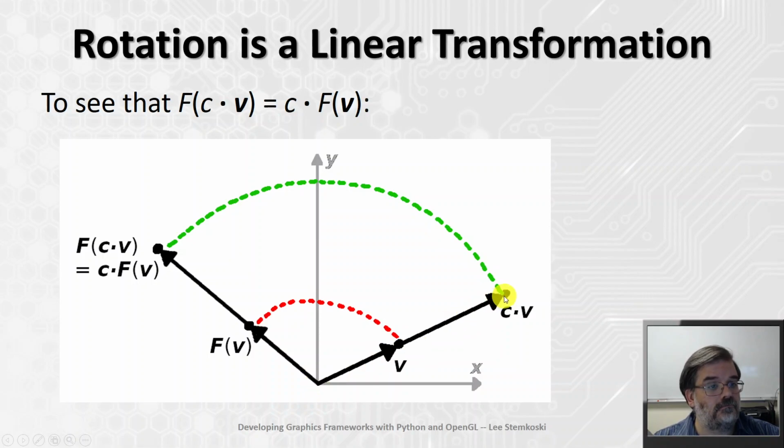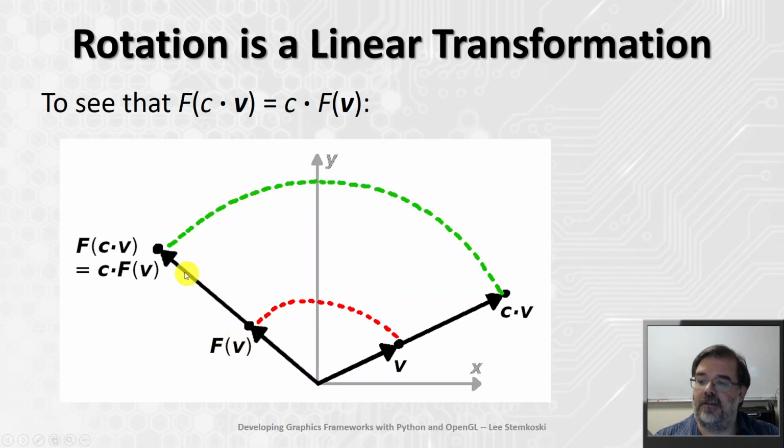This vector is going to have the same direction, and now this point is a distance c times d from the origin. Now, before we rotate, let's remember that rotation transformations are going to fix the origin point, and they're not going to change the distance of a point from the origin. So we'll go ahead and apply the rotation transformation, which we're going to call f. We'll rotate this vector v, and it will land at this point here. We'll also apply the transformation to c times v, and we'll end up at this point over here.